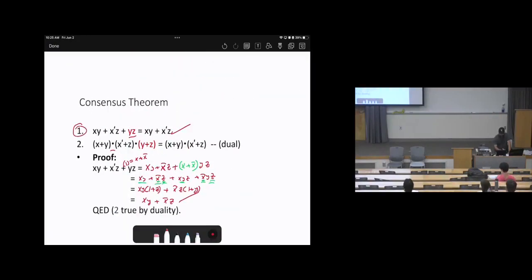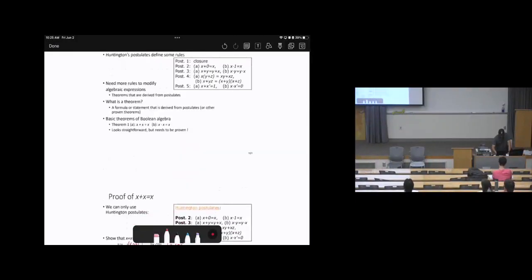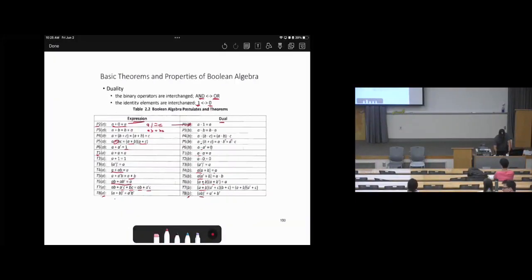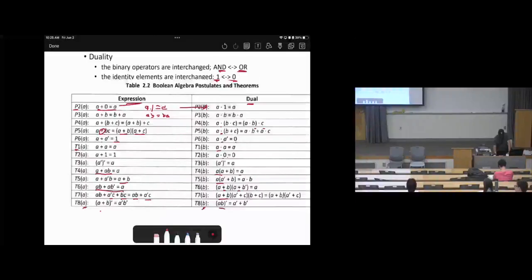I will apply this one. How do we find it? It's already in the table as well. Let's go back to the table, and you will see it's as X or as Y, which is theorem number 8. Or is it number 8 or number 7? Number 7.